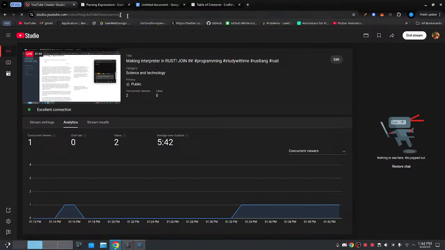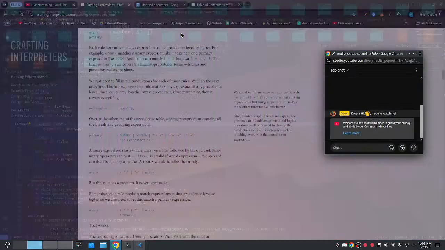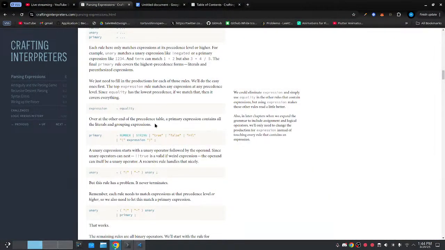So let's just see. Since equality has the lowest precedence, if we match that, then it covers everything. Expression gives equality.